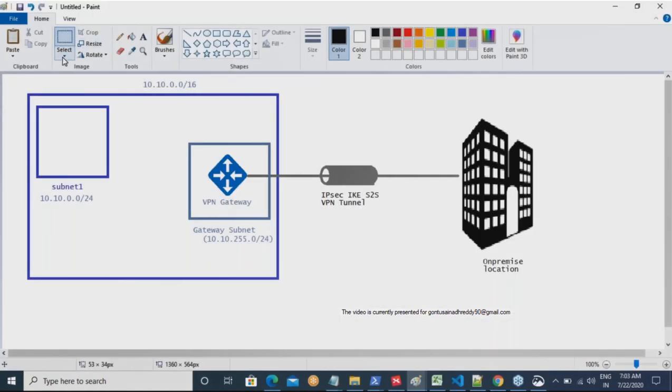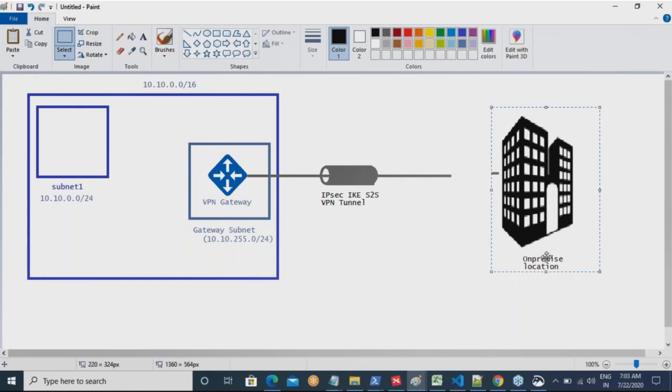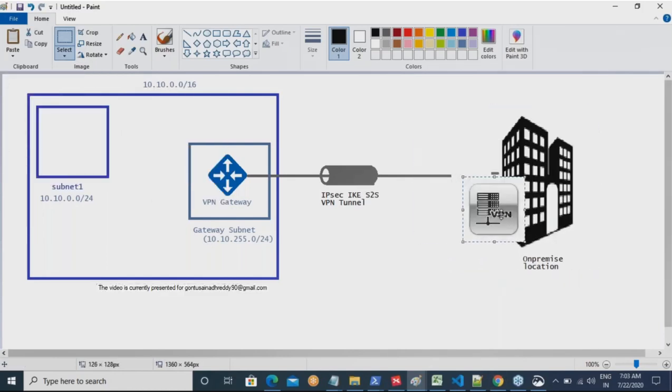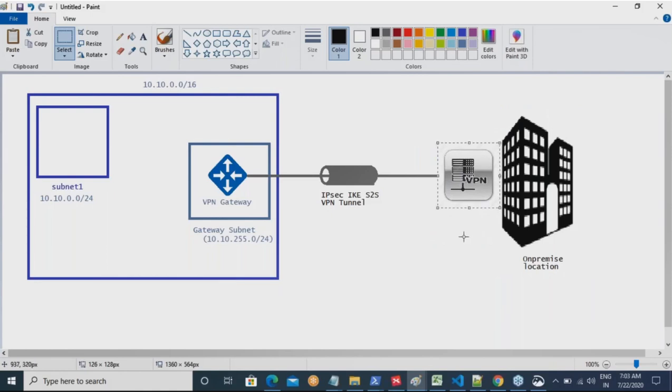Okay. So in your organization, whatever VPN server which you have, is referred to inside the Azure as what? As a local gateway.